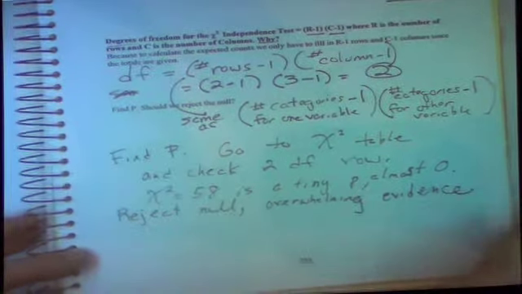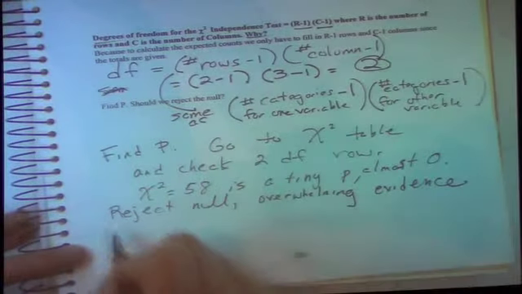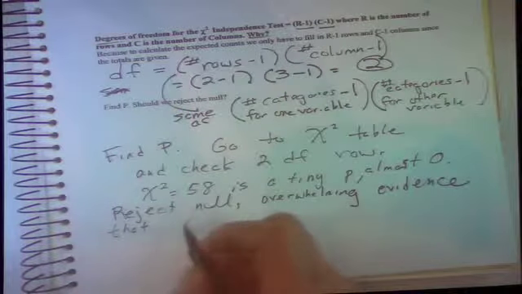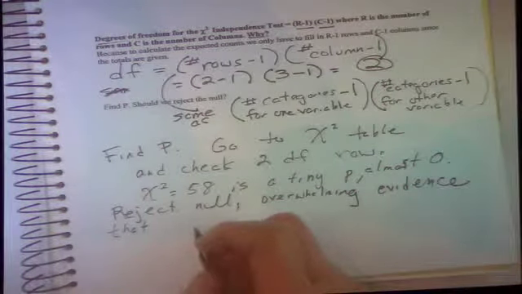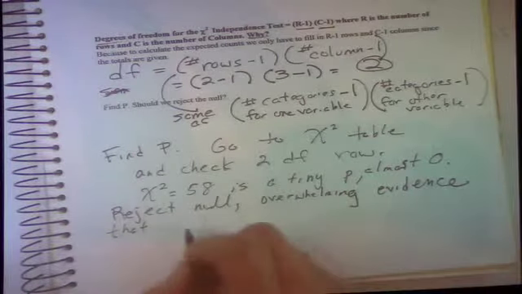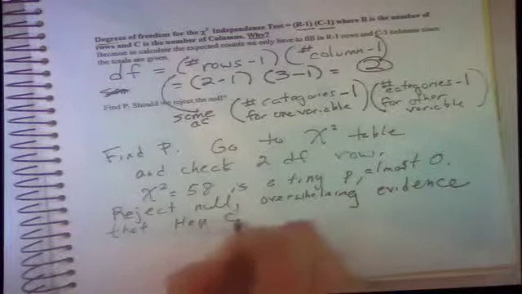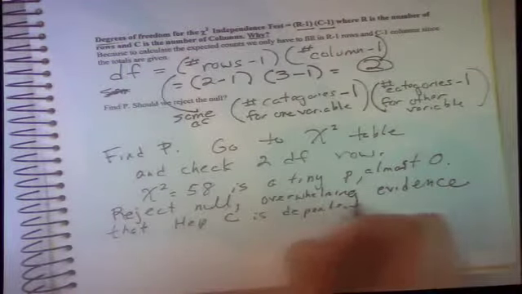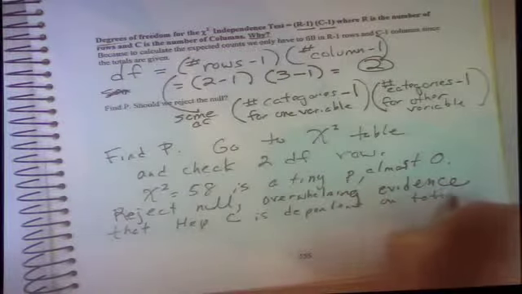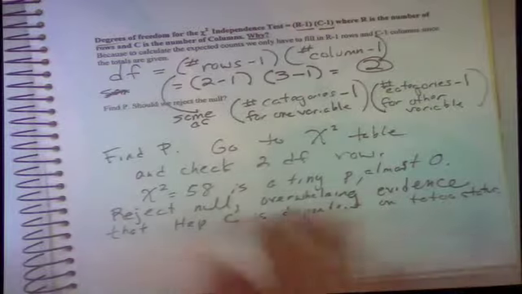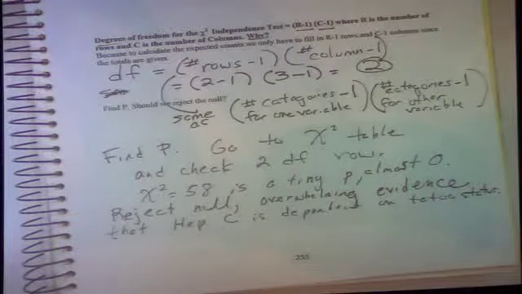We'd convict for sure in a court of law. Overwhelming evidence that whether or not somebody has hep C depends on their tattoo status. So we all agree that they're not independent.